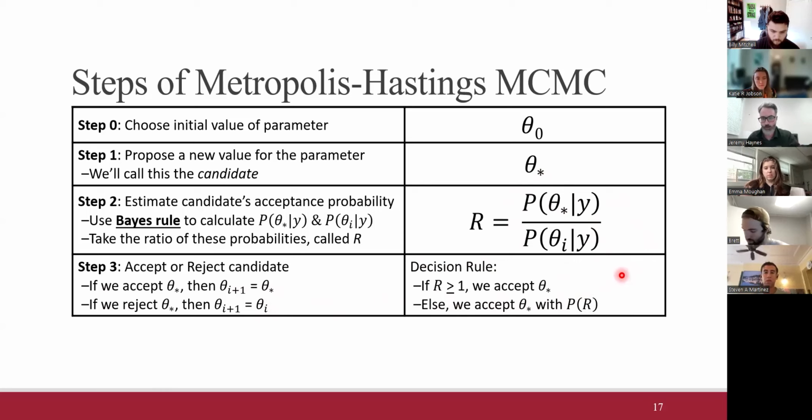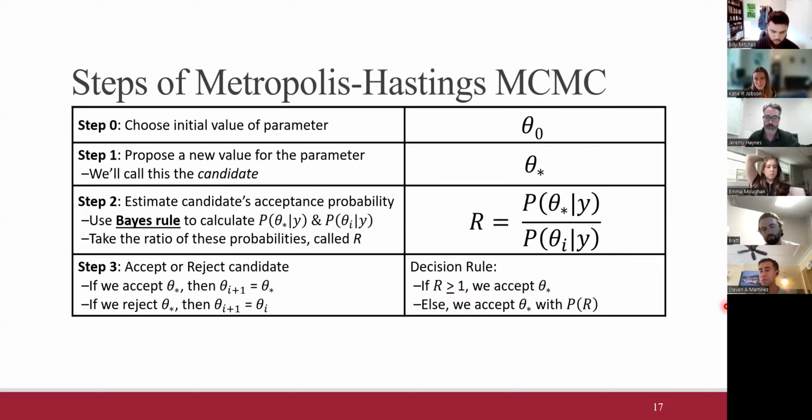If we do not automatically accept the candidate, so if R is less than 1, we're still going to give it a chance to be accepted, which might seem a little bit weird, but we're going to give it the chance to be accepted with a probability of R, so with the probability of this ratio. Now, a very common question is, why wouldn't we just reject it automatically? Why aren't those reciprocal decision rules?